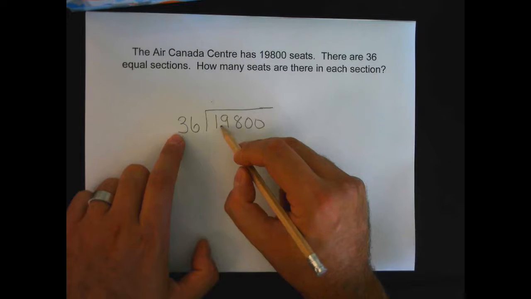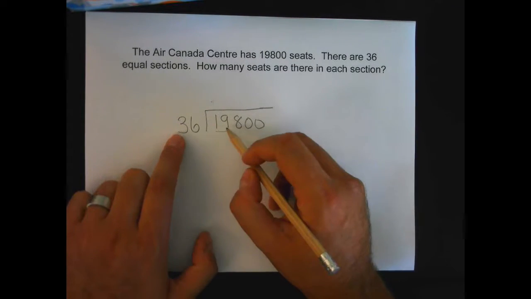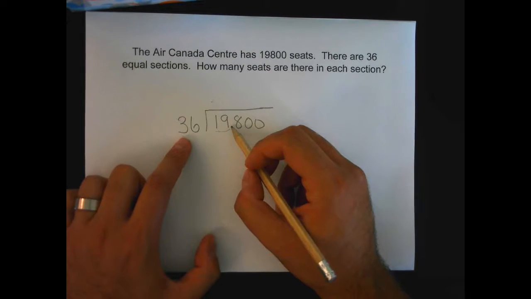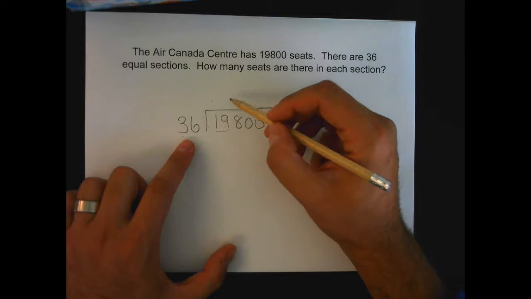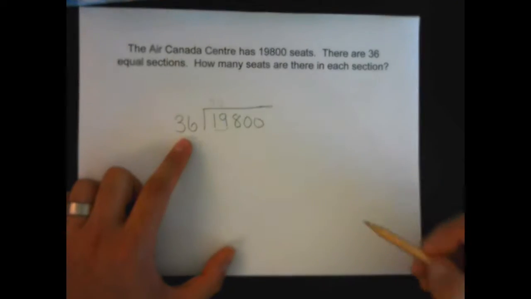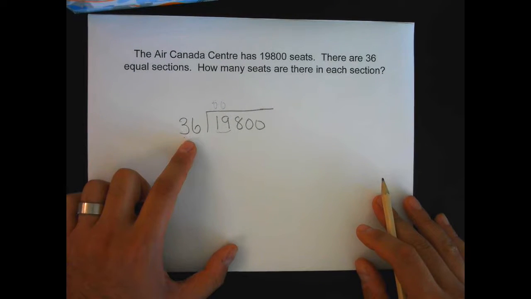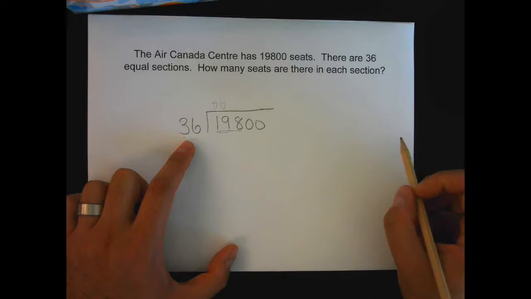So if it doesn't fit into 1, you now need to see if it fits into the first 2 digits, which is 19. 36 is bigger than 19, so you cannot fit it in there. You cannot put a number here either, because this is 0 as well. Okay? Uh-oh, my camera's acting all weird. That's okay. So now the number is 198.